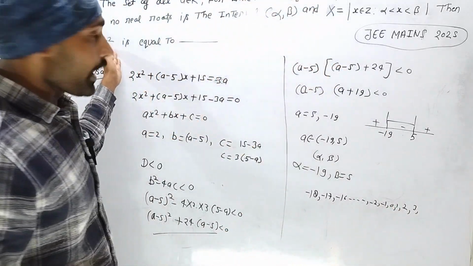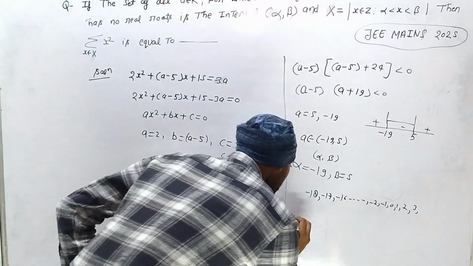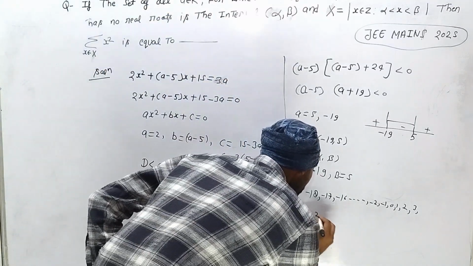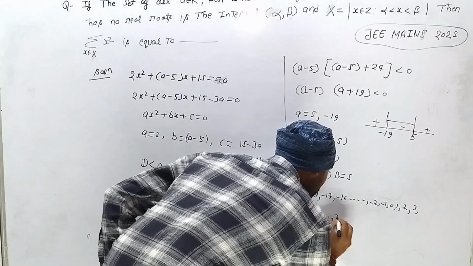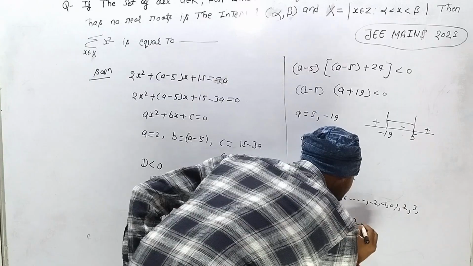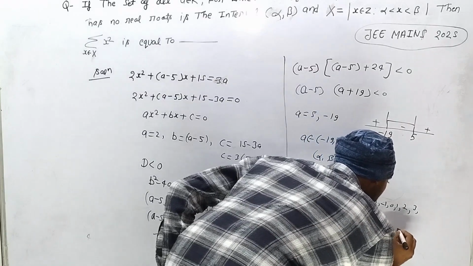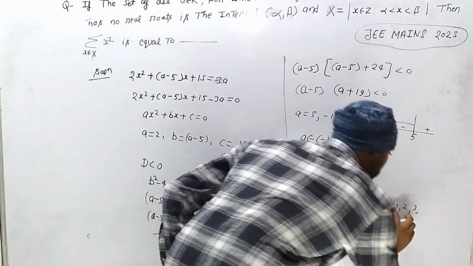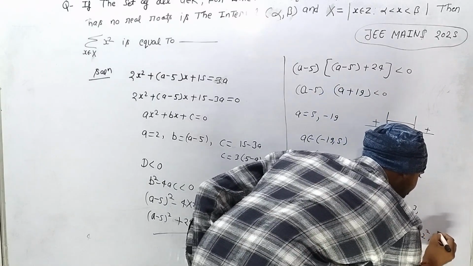So we need to square and then get the sum: 18 square, 17 square, 16 square, 15 square, and so on down to 1 square, and also 1 square, 2 square, 3 square and 4 square.